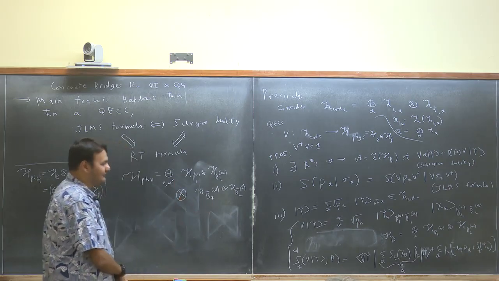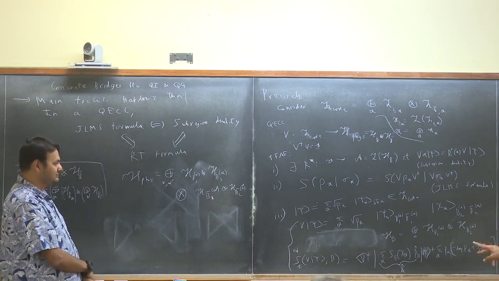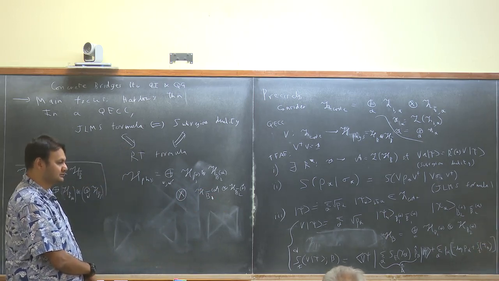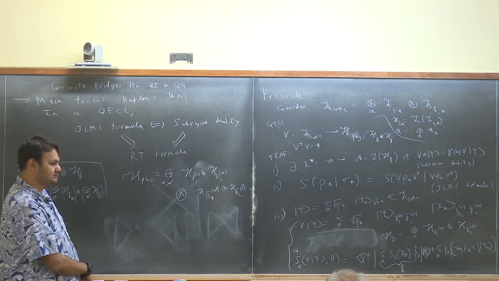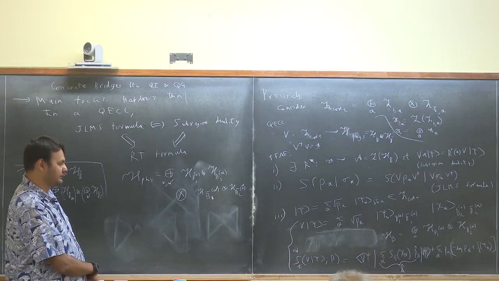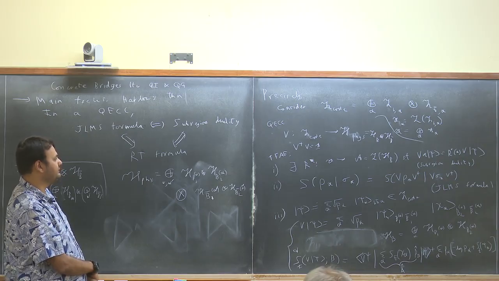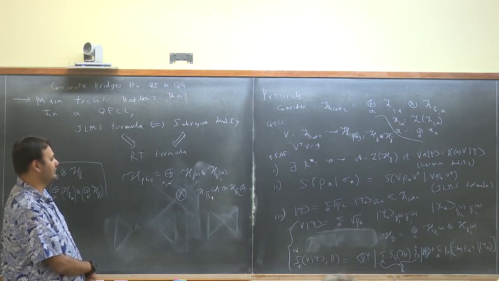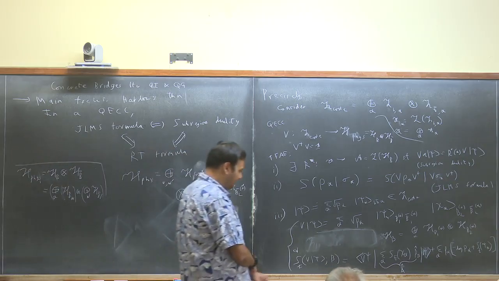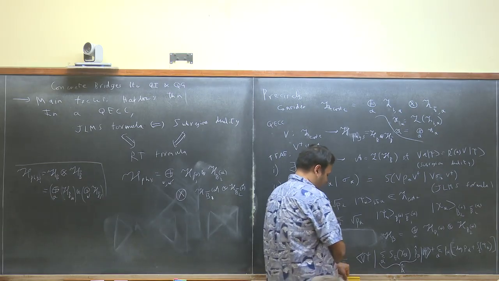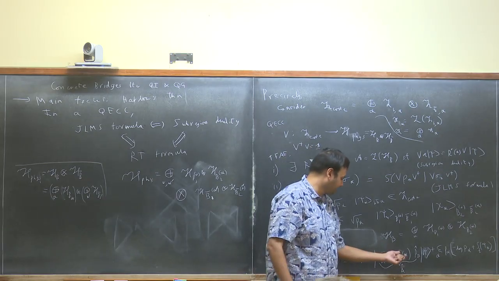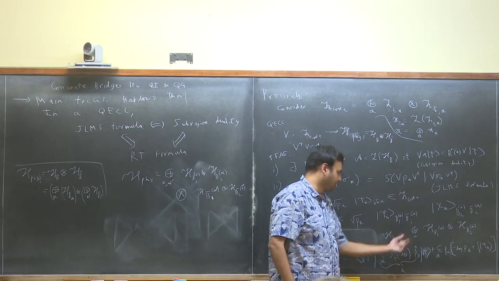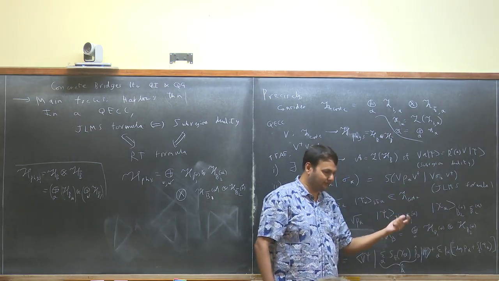When you are actually working this out, in the implication from 1, 2 to 3, what special property of entanglement entropy is being used? Imagine chi alpha has a huge amount of entanglement.